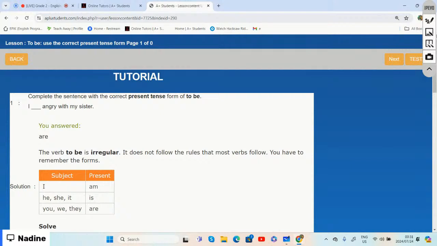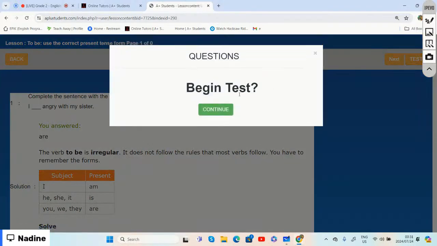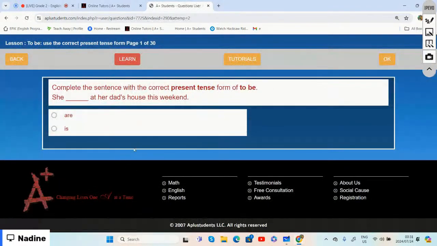All right, let's go to our test where we are going to choose the specific verb. If a subject is given, we need to choose the correct verb. Do we say she is at her dad's house this weekend?